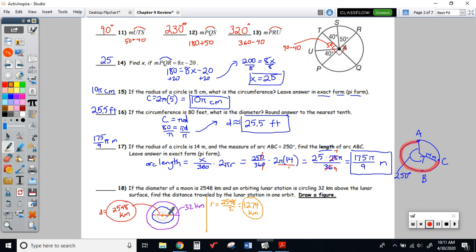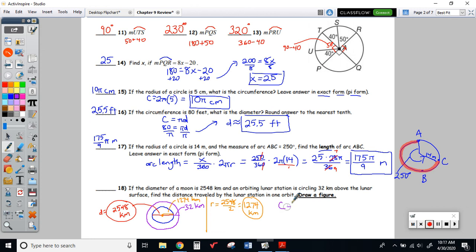So from here to here, that orange part would be 1274. And so if we're trying to find the distance traveled by the lunar station in one orbit, we really could just look at this radius, orange plus purple. That's the radius of the lunar orbit, and then find the circumference of that whole thing. That's what we'd be doing to figure this out in the end.